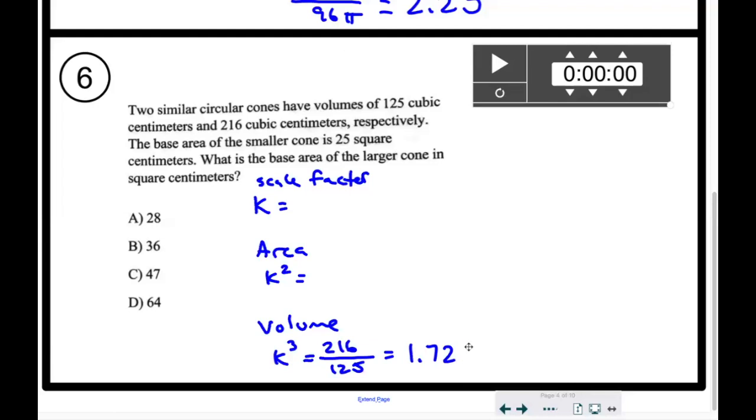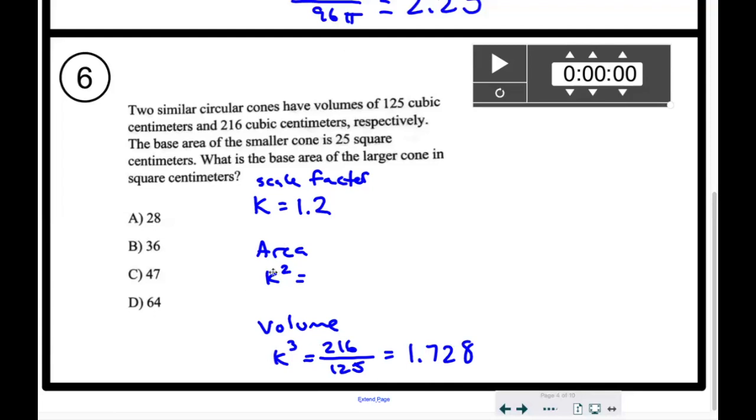Just use a calculator for that. So that means to go from one volume to the other volume, you're multiplying by 1.728. But that is the scale factor cubed. So I'm just going to do the cube root of this, and that's going to give me k. In the calculator, the cube root of this number is 1.2. So that means the scale factor is 1.2.